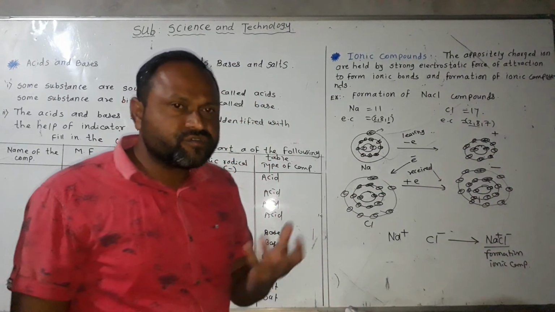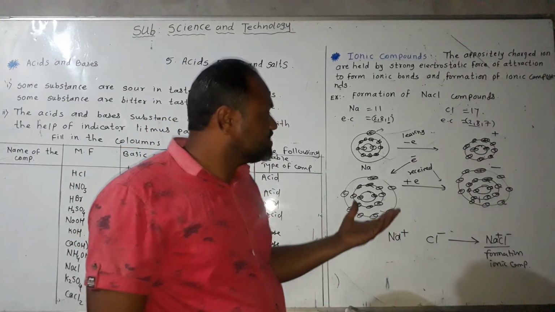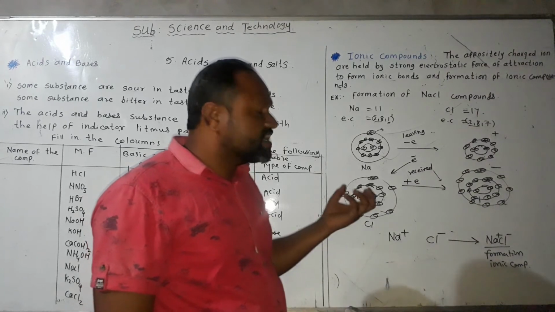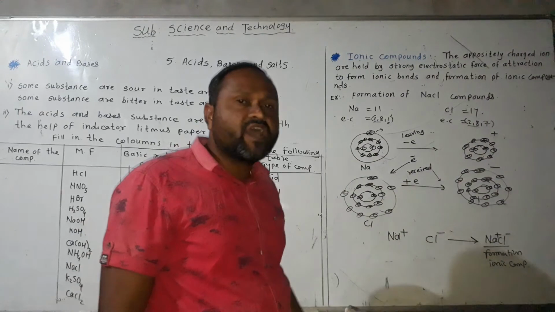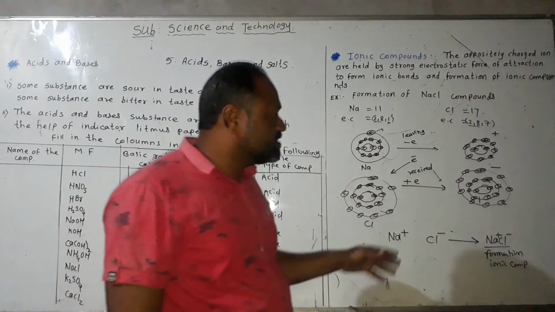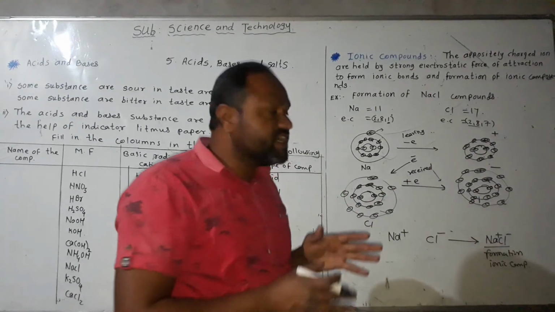In day to day life we use table salt or common salt. And cation and anion are held by strong electrostatic force of attraction to form ionic compounds. Not only NaCl, a lot of salts and ionic compounds are made in our day to day life.